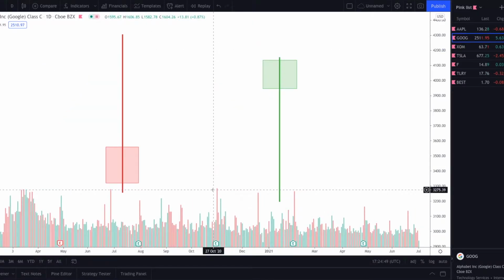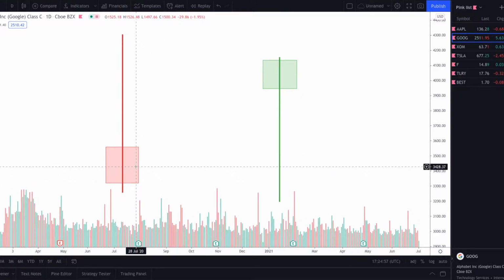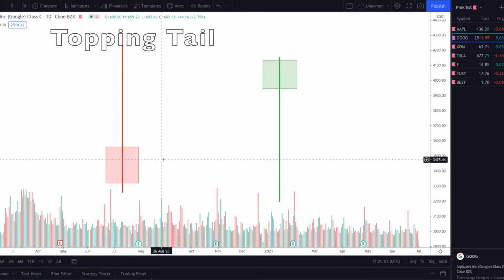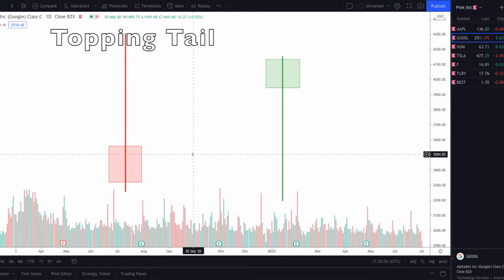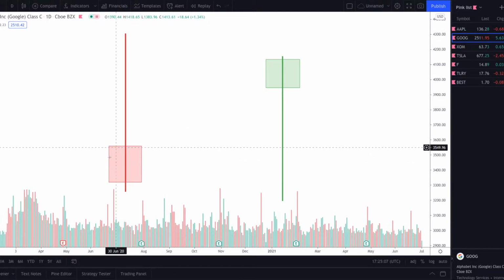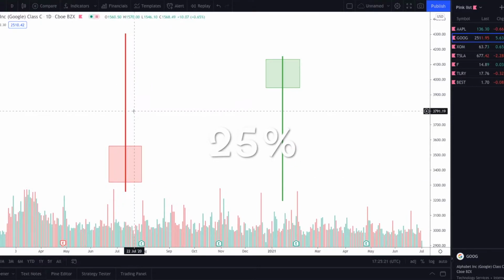Okay, let's talk about topping tails and bottoming tails. The first one here is red, so we know that it's closing lower than it opened, which is a topping tail. You can tell because you have a small body and a huge tail. What we're looking for is that the body closes in the lower 25% of the entire candle.